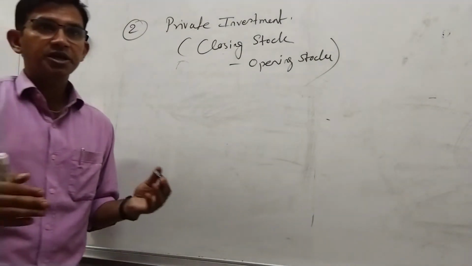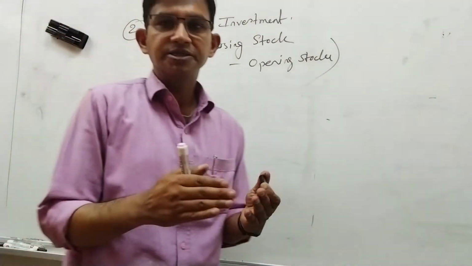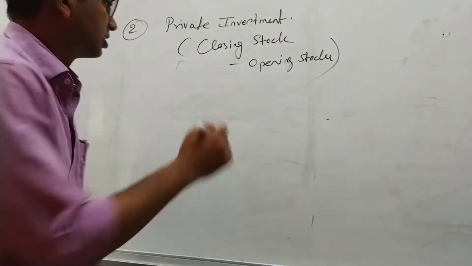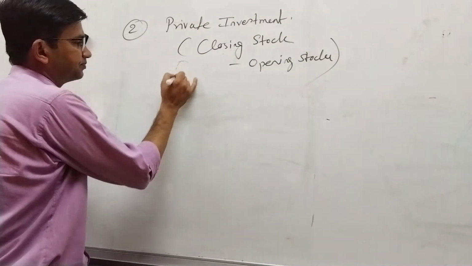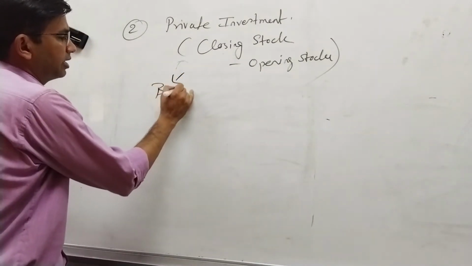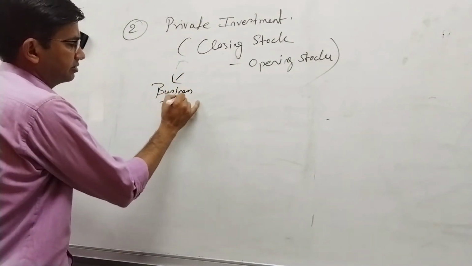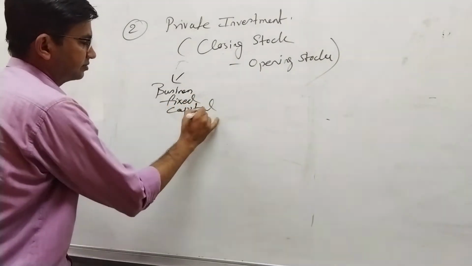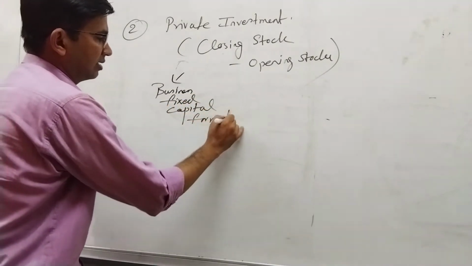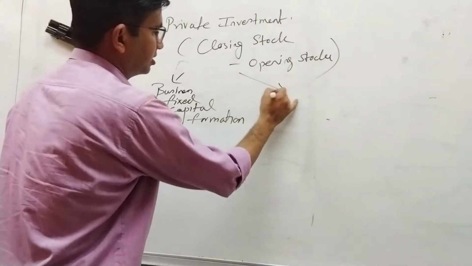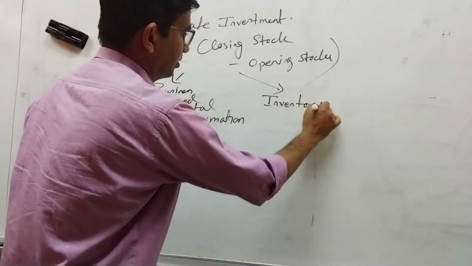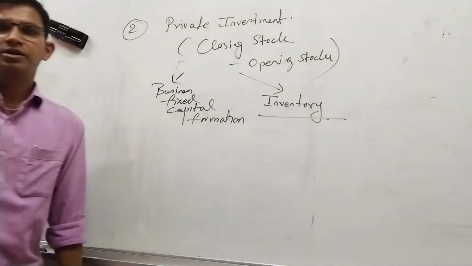To be more specific, in economics we can categorize investment into two major components. One is business fixed capital formation, and another is inventory.